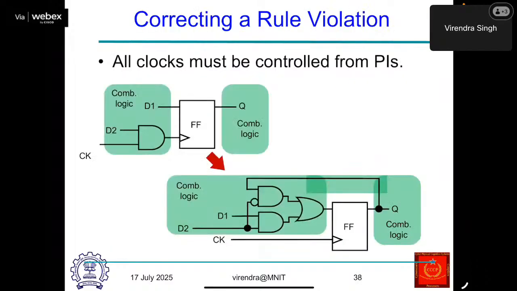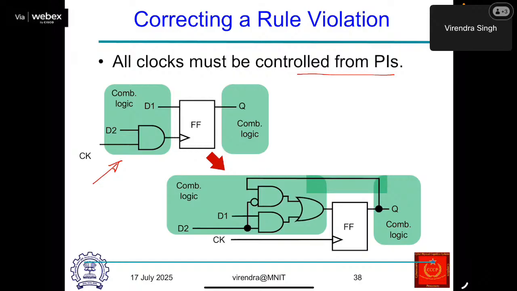So all clocks must be controlled from the primary input. Many times when you are designing, it is very easy to say, I want to implement a counter, and in the counter you can say the clock of the next flip flop I can give from the output of the current flip flop.